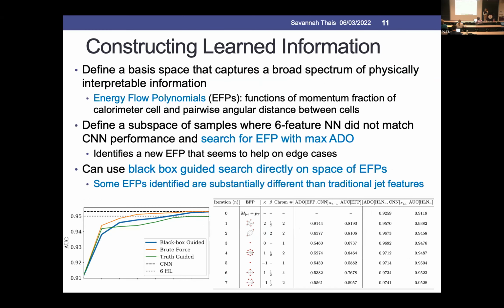But what I think is a little bit more interesting is that in some cases you can define a basis space that covers a very broad range of physically interpretable information.